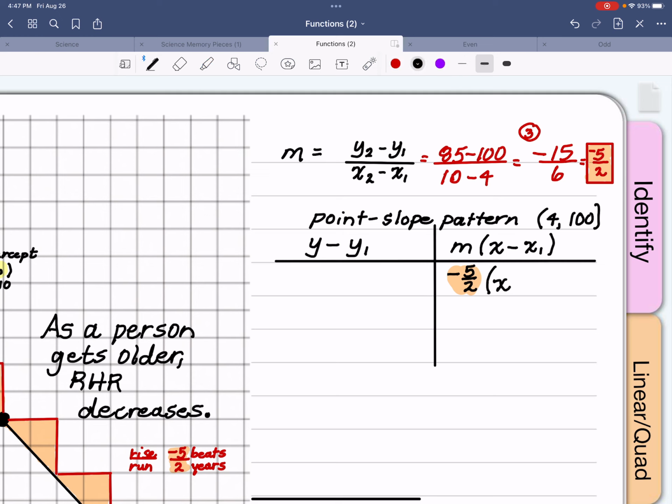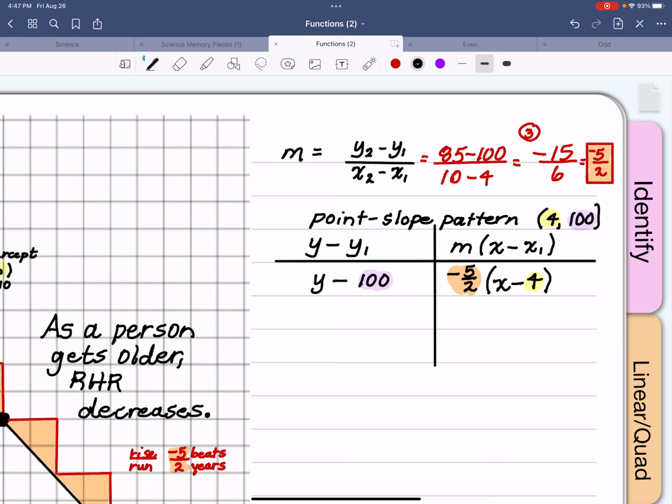X stays in the problem, but we know x sub 1 is going to be this 4. And then we can do the other side. Y stays in the problem, and y1 is 100. And I'll color code that for you. There's the 100 that goes right here.